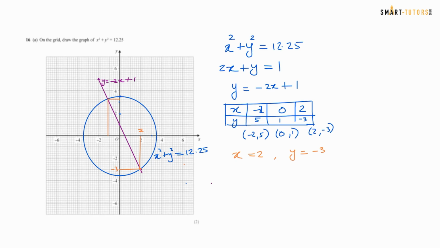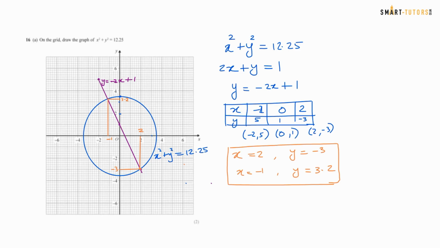Let's do the other one. The other point is somewhere here. I'm drawing a straight line, but don't worry if you are not getting an accurate answer the same as mine. As long as you get answers within that range, you will get the full marks. The first x answer here is minus 1, and the relevant y is just above 3 point something, so I put 3.2.